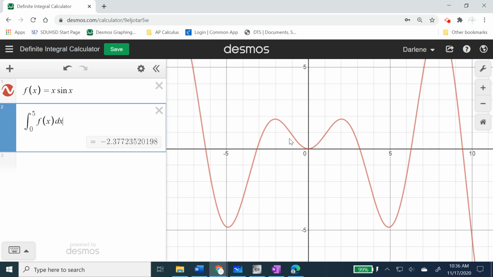I mean with Desmos, as well as your calculator. By the way, if you have a graphing calculator, you really should use it because you've got to get used to it for the AP exam. If the AP exam is not something you plan on taking, I know. Okay, let me put it to you this way. If you are not signed up to take the AP exam, use Desmos.